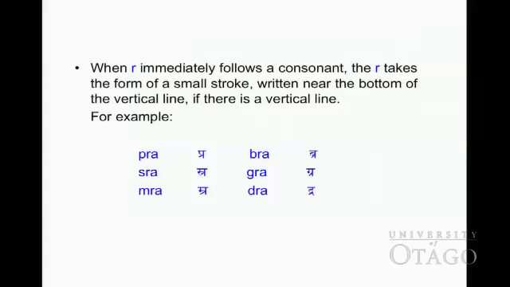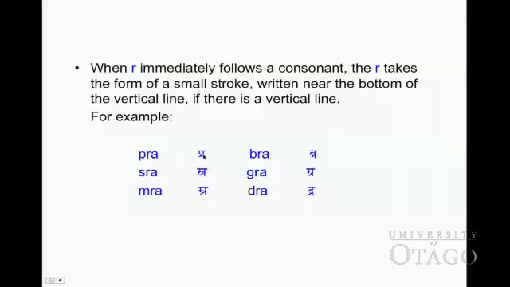When R immediately follows a consonant, the R takes the form of a small stroke written near the bottom of the vertical line, if there is a vertical line. For example, pra, P-R-A. Write this, pra.